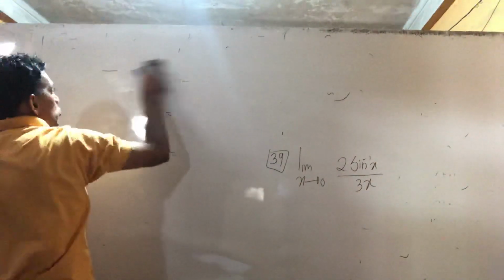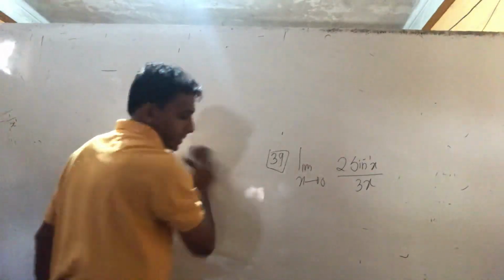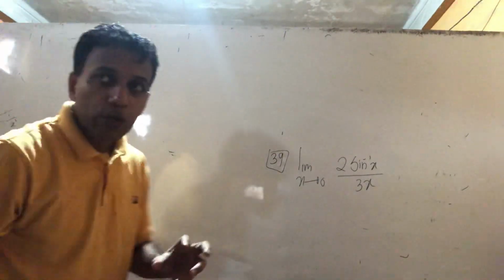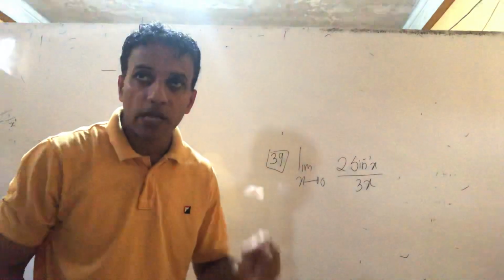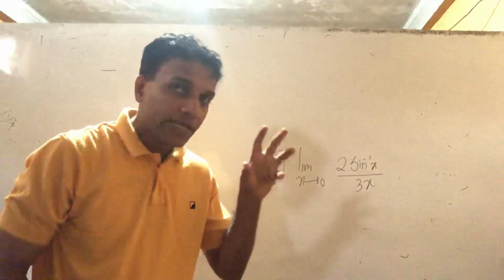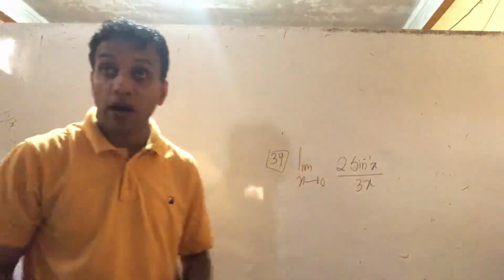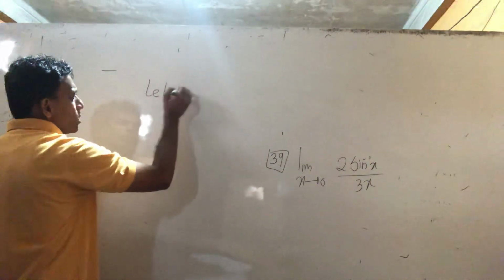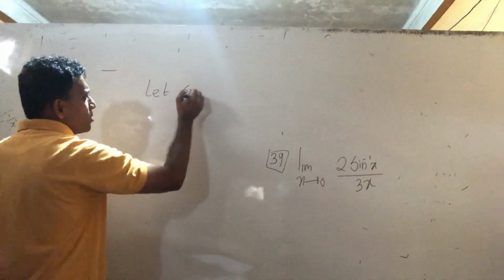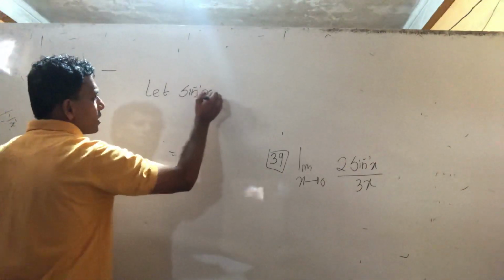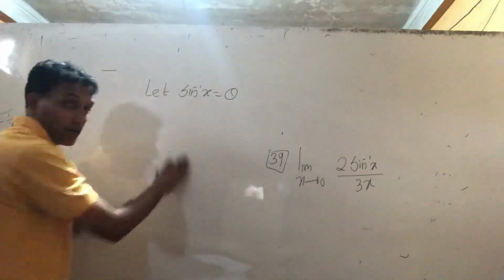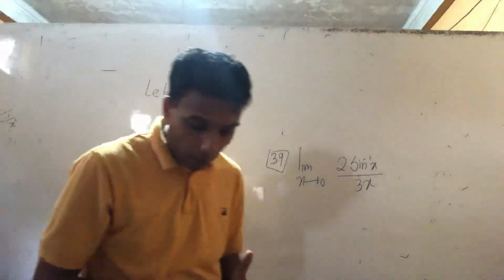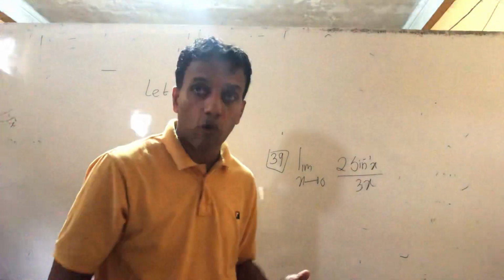Therefore, how do we remove this part to get the answer? I use a substitution. I take sine inverse x as theta. So let sine inverse x equal theta. Therefore the complete problem is changed into theta form.